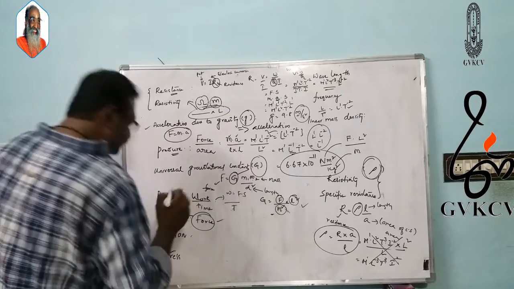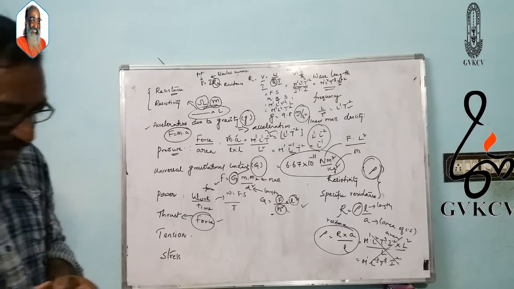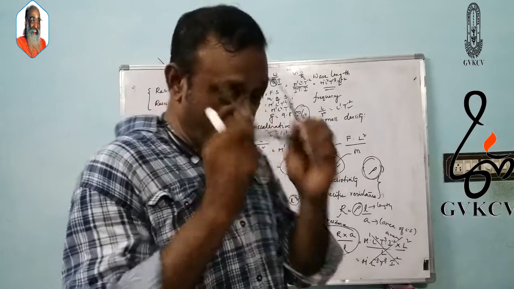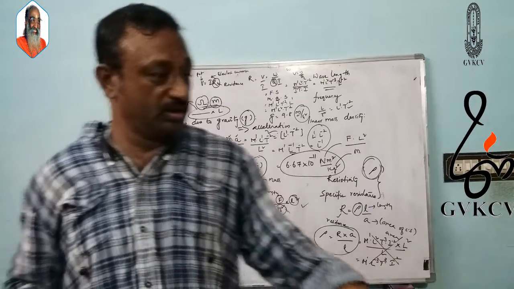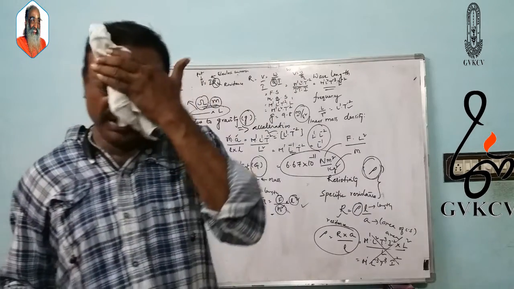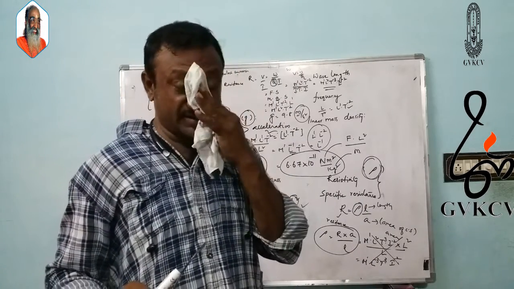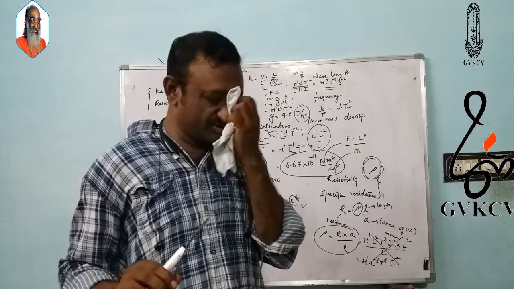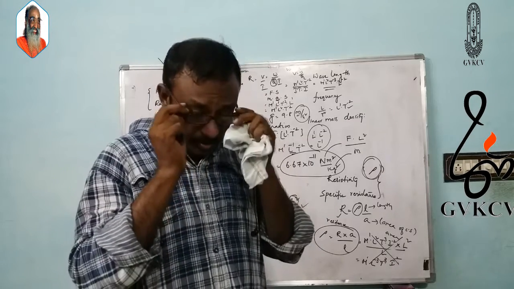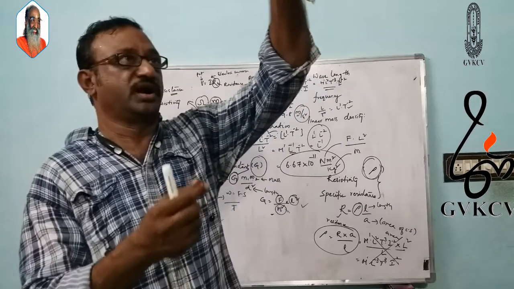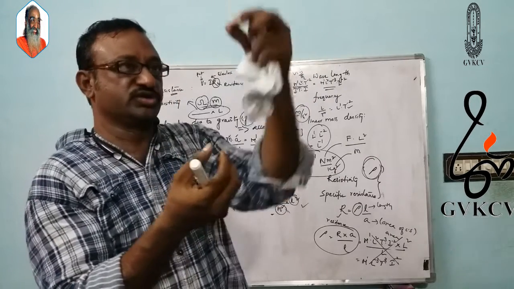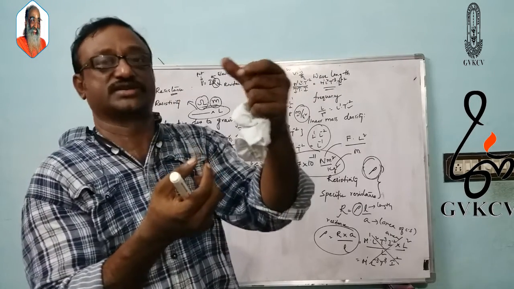What is tension? Tension here doesn't mean some nervous tension or something like that, that is not the tension here in physics. Tension means, suppose you have a string and you are hanging something from it, so this will be tight, and in this you can see the tension.